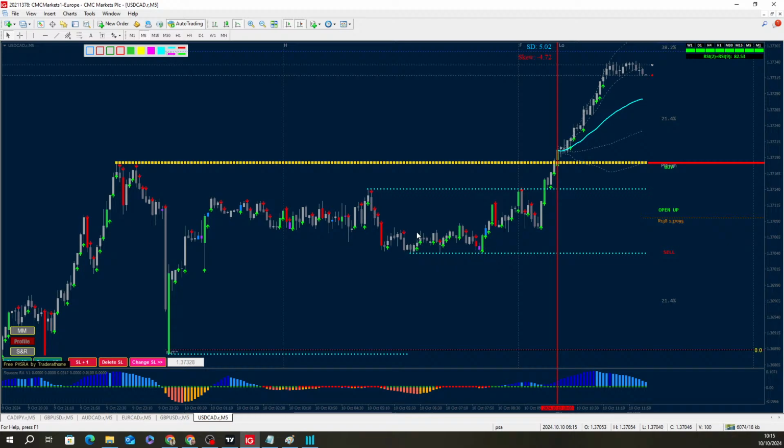So the low is here. So this is the structure, and we have first break followed by pullback, second break followed by pullback. This is the third break that is going on right here in the dollar card. Okay, we don't want to sell here, we want to wait for a pullback.